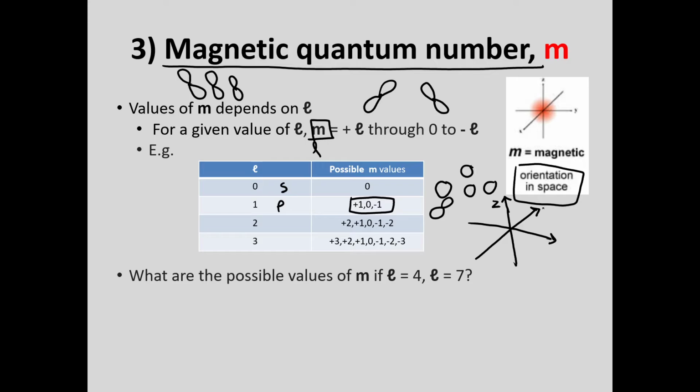So Z, maybe Y, and maybe X. Since we draw everything in 3 dimensions, we also look at everything in 3 dimensions. So if it is a dumbbell shape, it can sit in this orientation, or in this orientation, or we can also turn it to this orientation. Right. So it means it has 3 orientations. Sitting along the X part, the Y part, or the Z part.